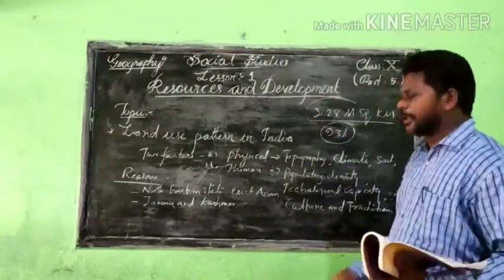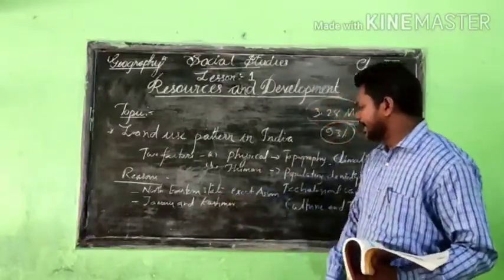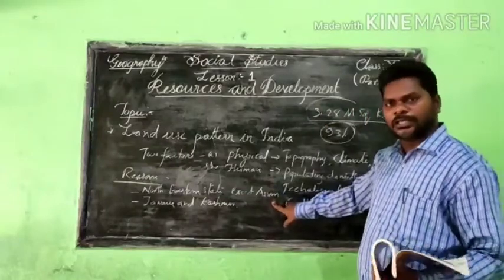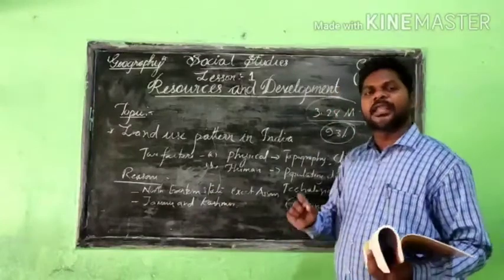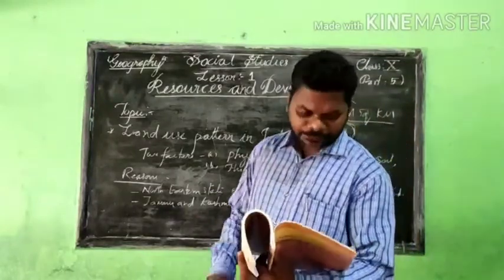We are unable to cultivate it because in the northeastern states except Assam we can't do agriculture fully. And point number 2, in Jammu and Kashmir some areas are occupied by Pakistan.